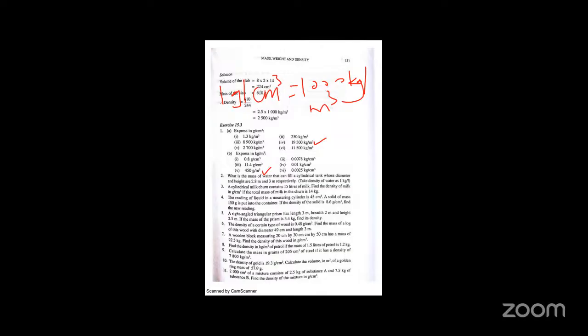Once you are done, you notify me either through the chat section or you can unmute and speak. What did you get?